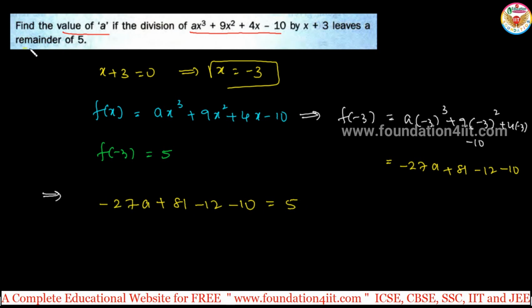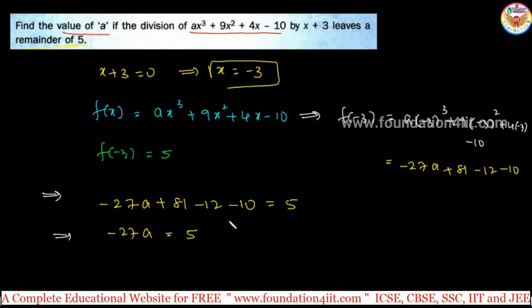Because the remainder is given, you have to find the a value from this statement. So from here, minus 27a plus 81 minus 12 minus 10, you simplify, take the other side, is equal to 5, minus 81 plus 12 and plus 10.